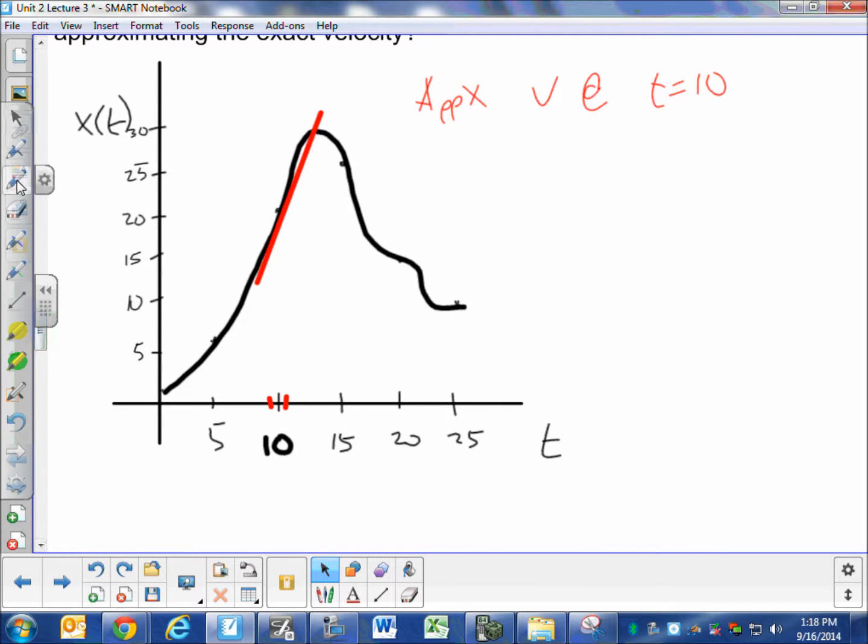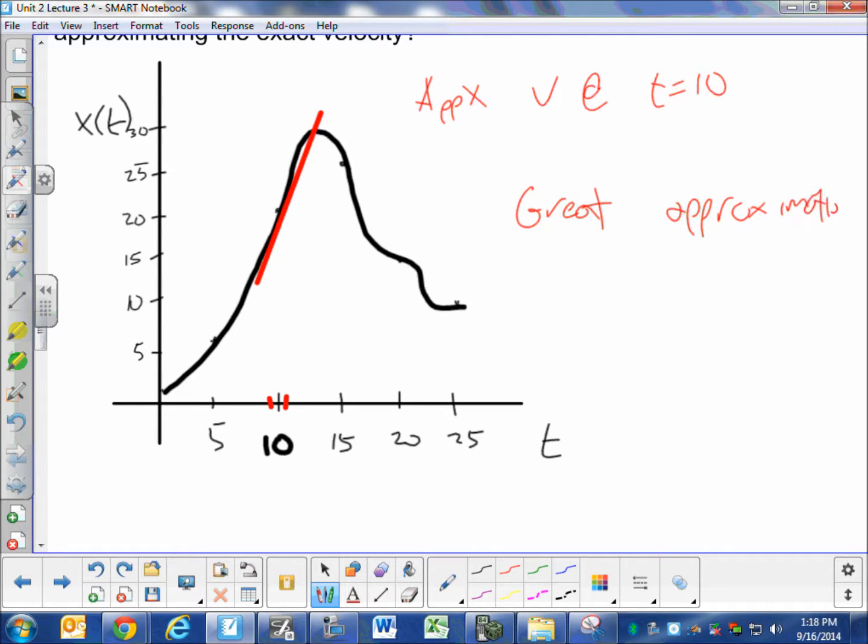Turns out a great approximation would be, and a best would be, using points really close to 10.